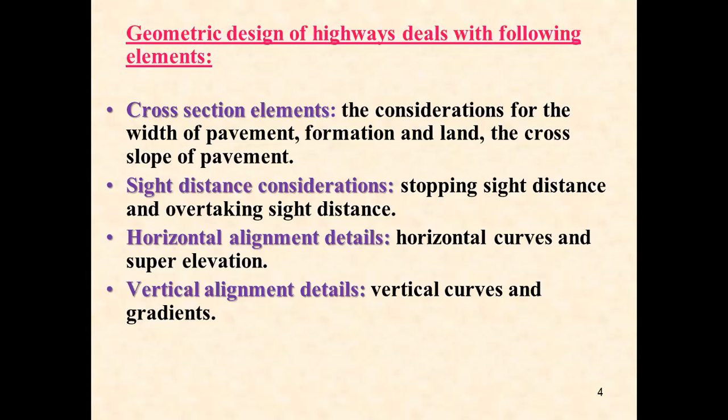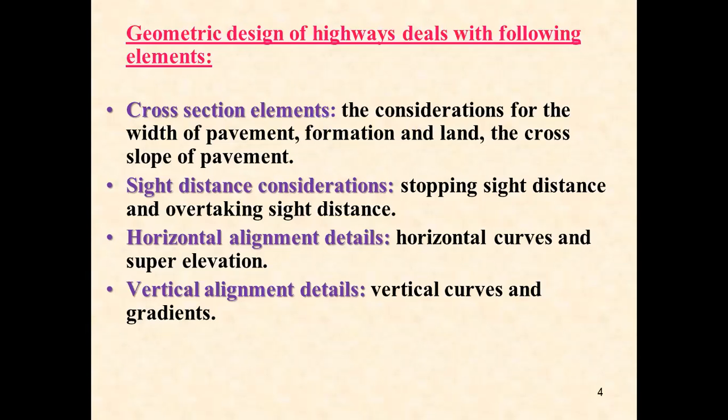And similarly, super elevation: if the curve is provided, we can see that the inner edge will be at a lower level and the outer edge at a higher level, such that the road vehicle can negotiate the curvature safely without overturning. That is known as super elevation. If we design the curve in the horizontal plane, while traversing a horizontal curve the road vehicle is not going to overturn.